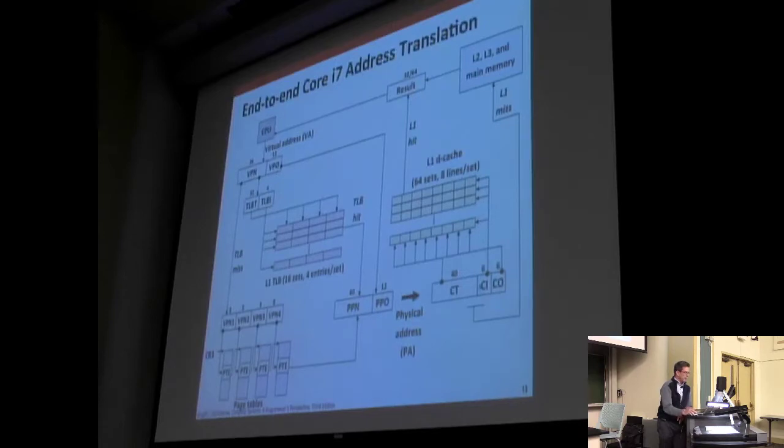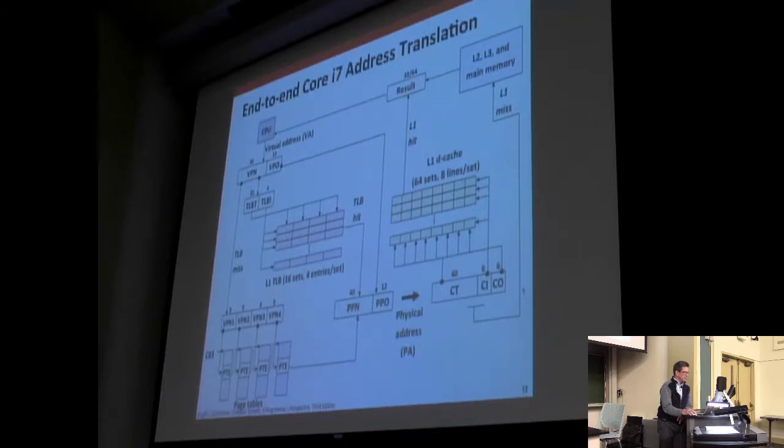So then the cache does a lookup using this physical address, takes the index bits to identify a set, and uses the tag to see if there's a match. If there is, then we have a hit, which returns the resulting word back to the CPU.